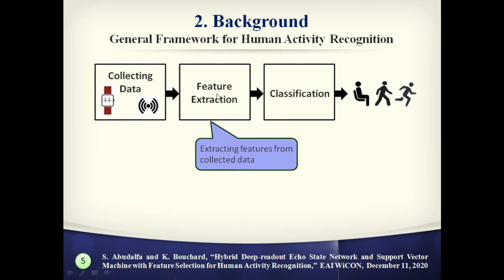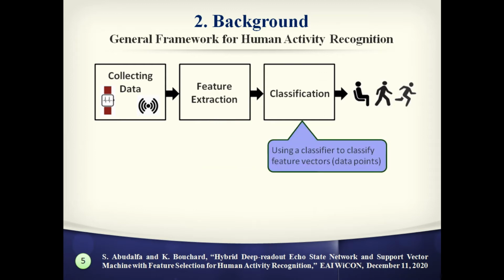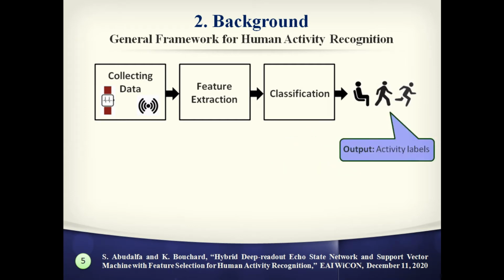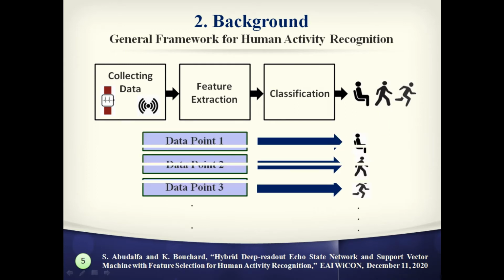The next step is extracting features from the collected data. Finally, one of the classifiers is used to classify feature vectors, which are referred to as data points. The output of this system will be activity labels. Thereby, each data point will be mapped to a specific class of activities.